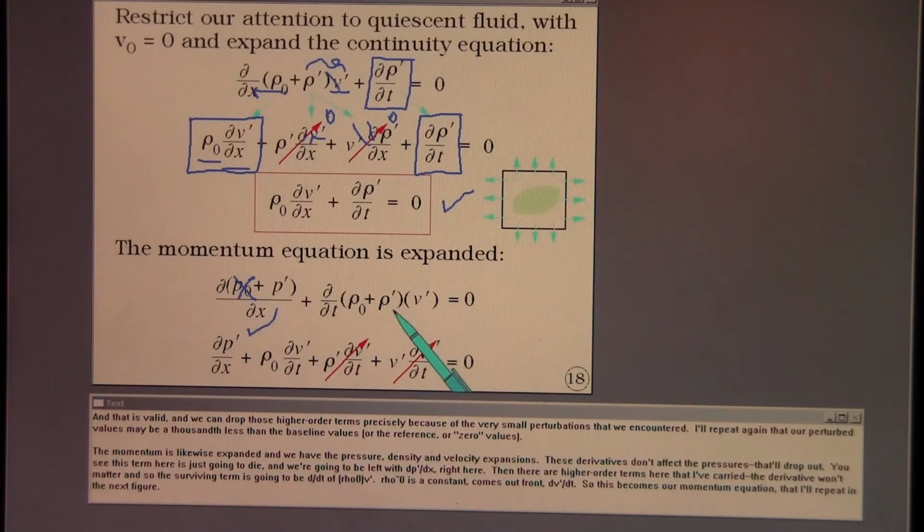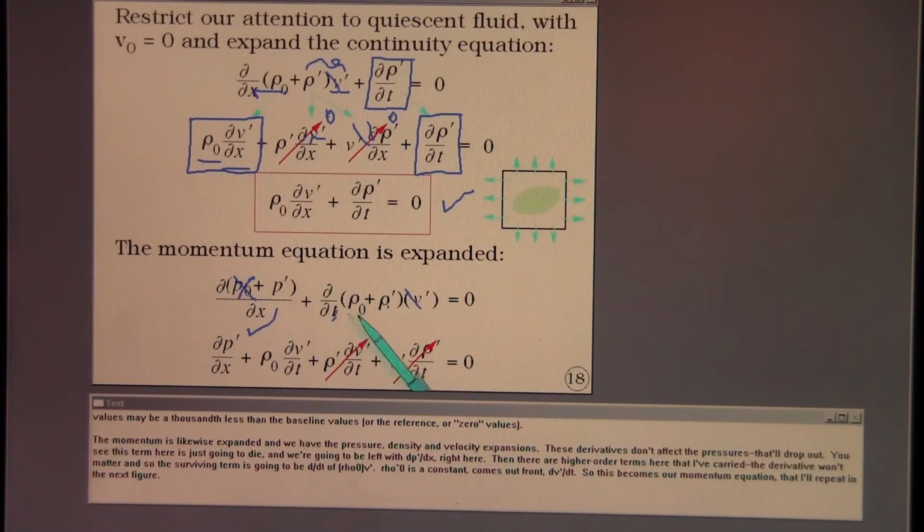Then there are higher order terms here that I've carried. The derivative won't matter. And so the surviving term is going to be d by dt of rho 0 v prime. Rho 0 is a constant and comes out front. dv prime dt. So this becomes our momentum equation that I'll repeat in the next figure.